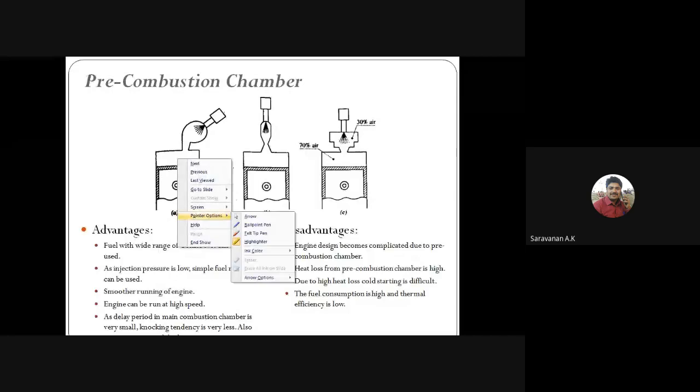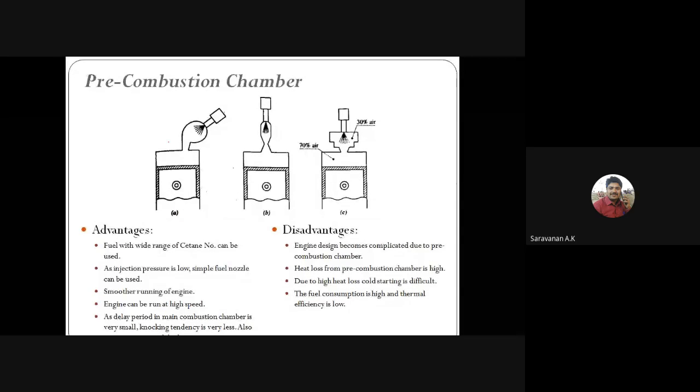For example, I keep the injection nozzle here, and I spray the fuel here. This type of chamber is called the open chamber. Here we didn't use any extra additional chambers.